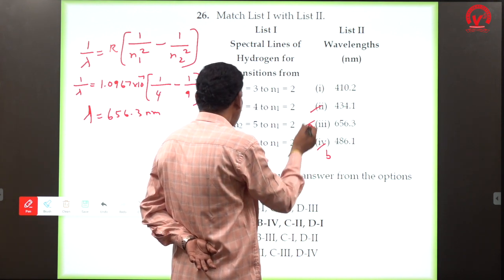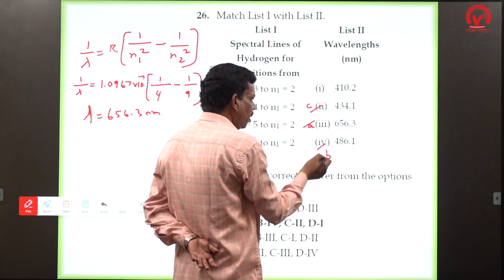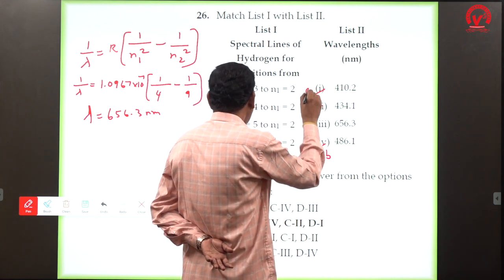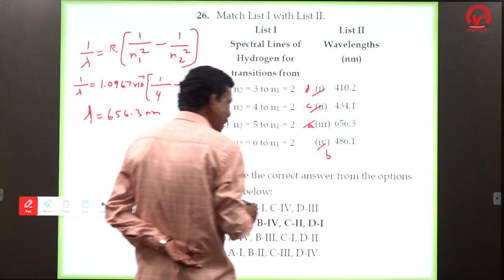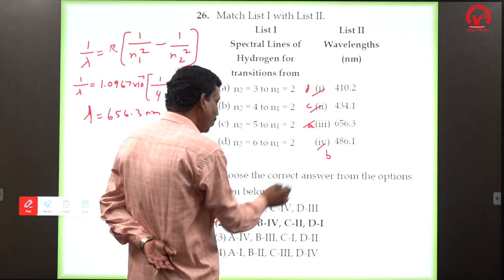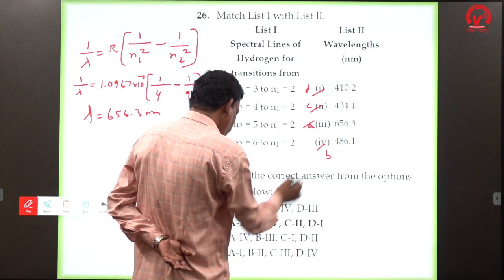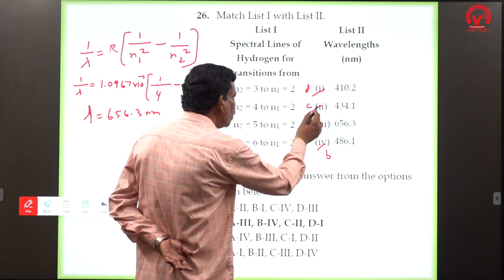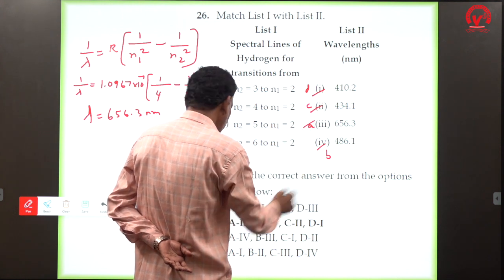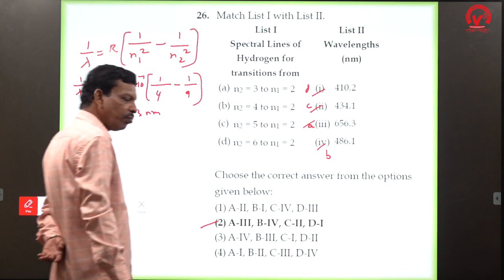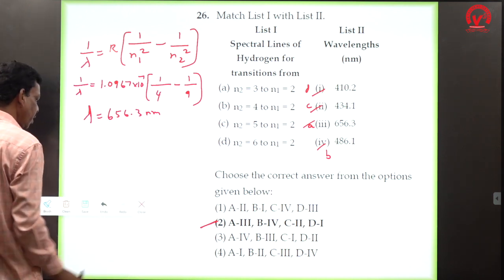This one, it is C, and this is D. So A3, B4, C2, D1. This answer is correct.